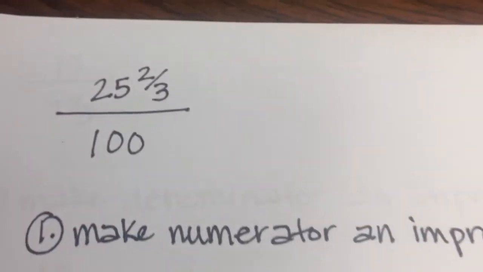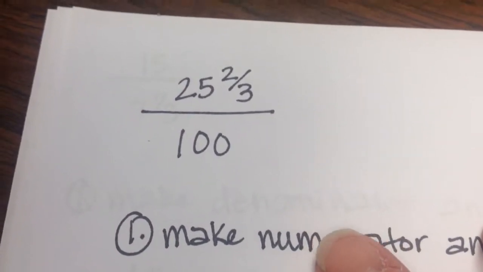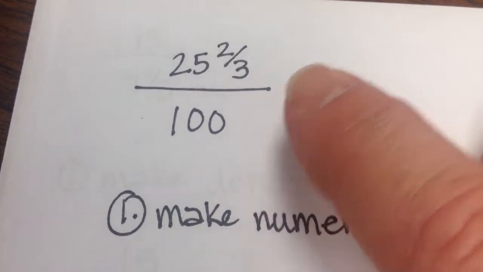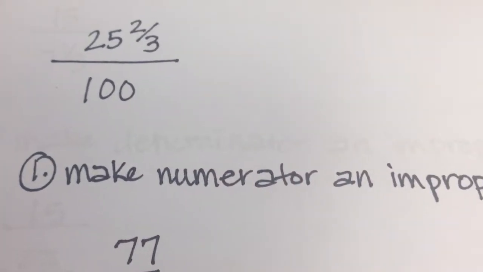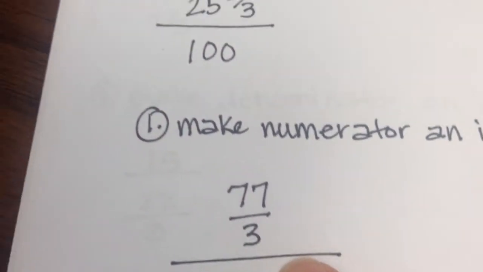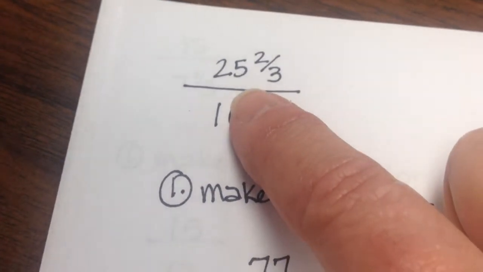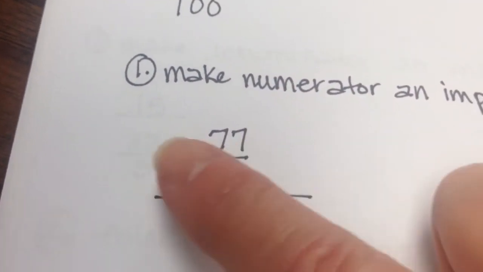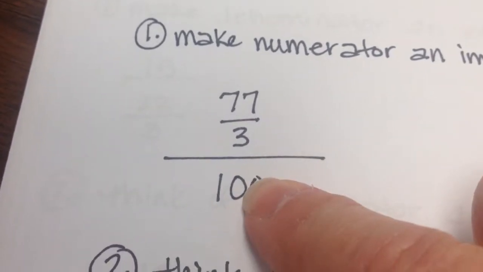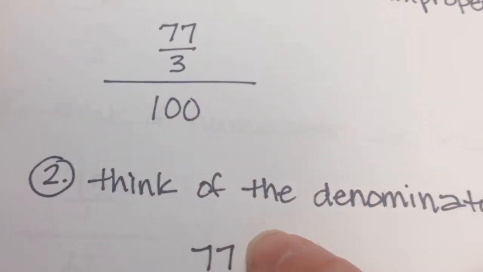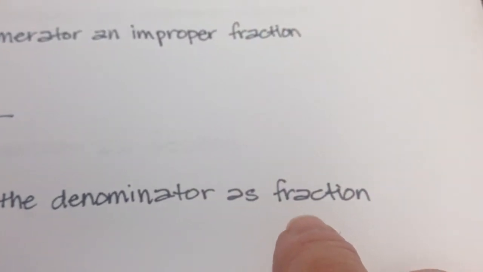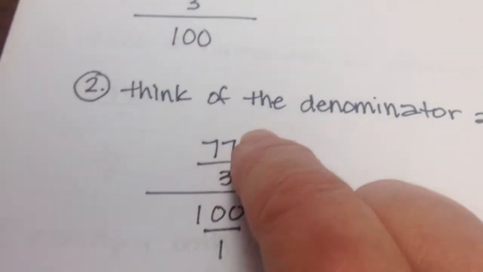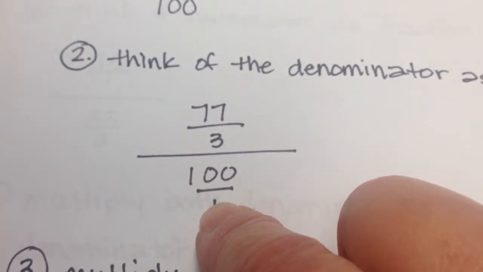Here we have 25 and 2/3 over 100. First thing you're going to do is make that numerator an improper fraction. So 25 times 3 is 75 plus 2 is 77 over 3, over 100. Now, think of the denominator as a fraction, so 100 over 1.